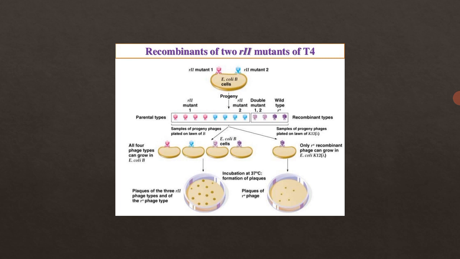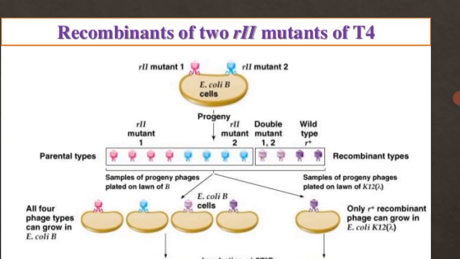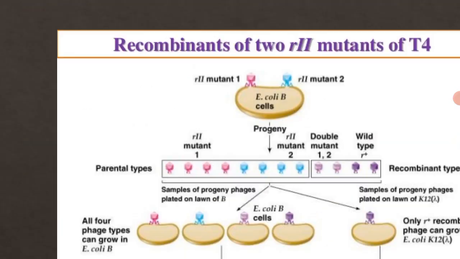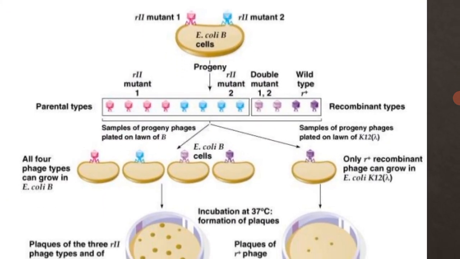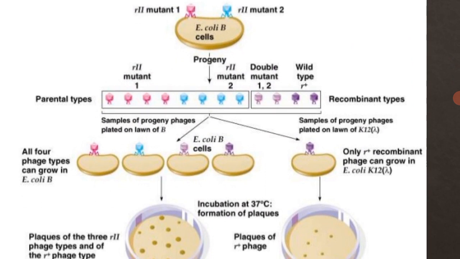So Benzer wanted to study whether after recombination we can get wild type phages or not. So he got the wild type R plus recombinant, which is converted again from the mutant back into the wild type strain.